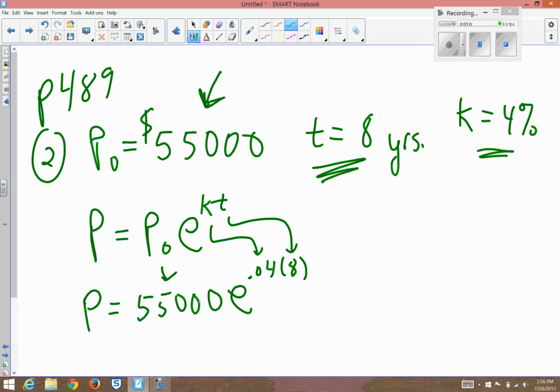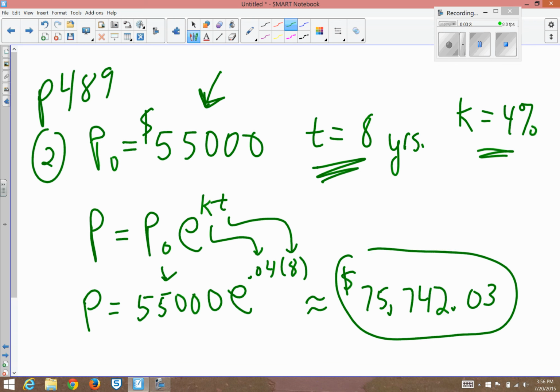We just put this in the calculator. Make sure you can get this in your calculator and see if you get $75,742.03. That's it. That's the future value of $55,000 if interest is compounded continuously.